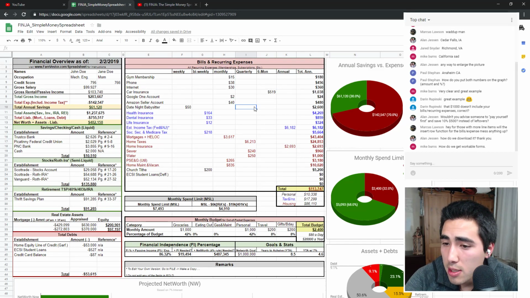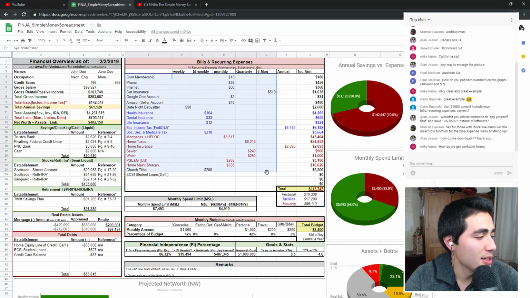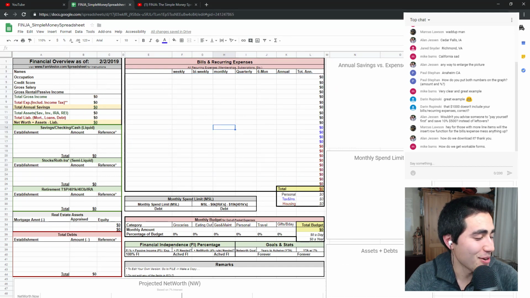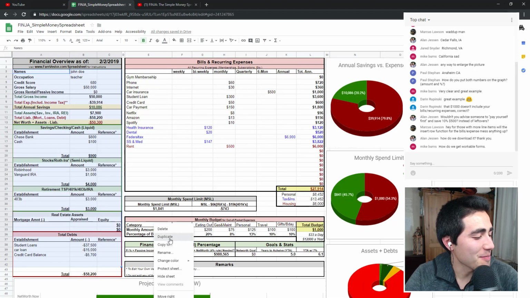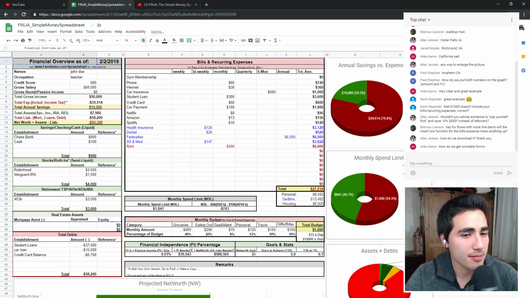Okay, questions that I skipped. Hey, for those with more line items, will the insert row function work? It will mess things up, actually. Yeah, I know some people have more line items. You can play around with it, but it will probably mess things up. Let's see. Okay, let's duplicate here. So just duplicate tabs, I would say. Let me go with full screen so you can see a little better.